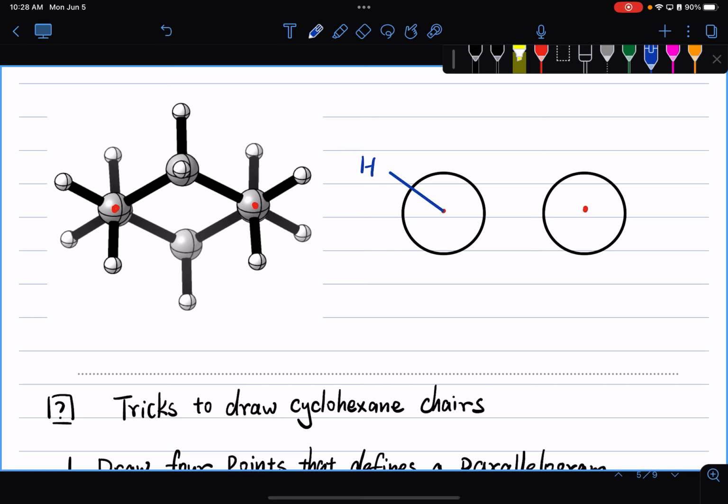So that's my hydrogen, and my CH2. So this is what I'm doing right now. These are the three red, blue groups I draw on my front carbon. On the left carbon, we have hydrogen, CH2.